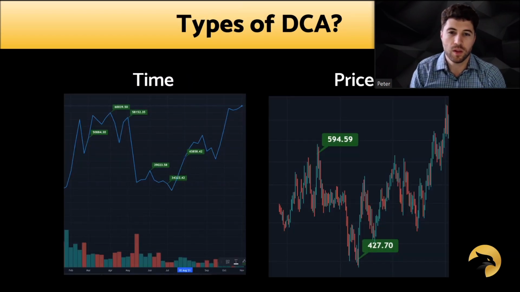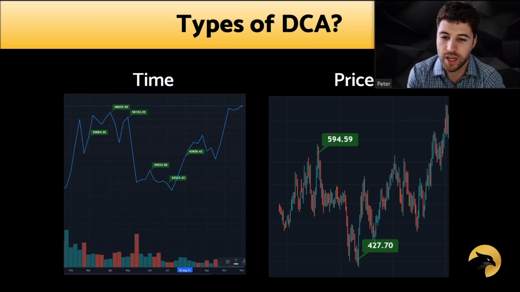So let's talk about the types of dollar cost averaging. There is time and price there. So let's look at time first of all. So time, you see that the person here has averaged entries to take place on the first of the month. And so we see the first couple entries end up being pretty high.